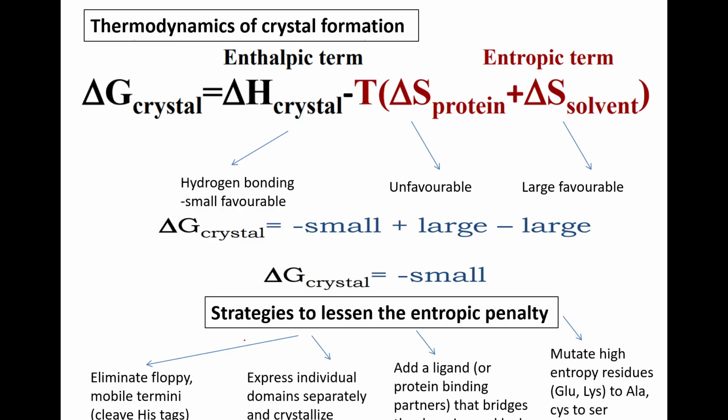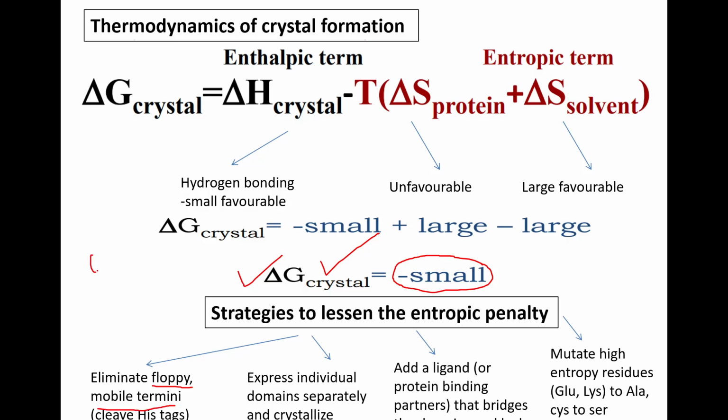Now, this is a small negative del G value, which means this is favorable, but not that much favorable. It is moderately favorable for crystal formation. So to increase the chance of formation of crystals, what people have done is that first you need to minimize the floppy ends.